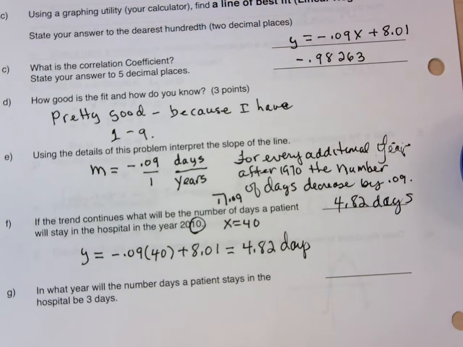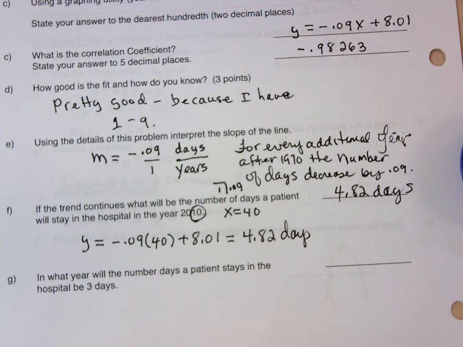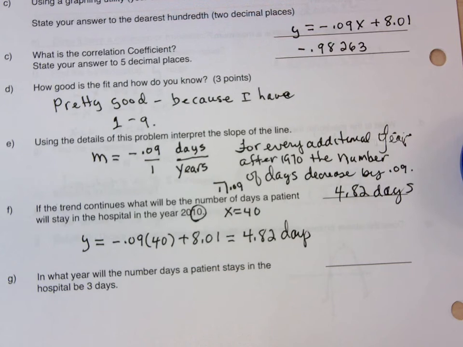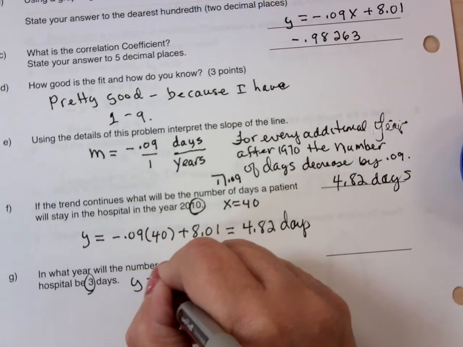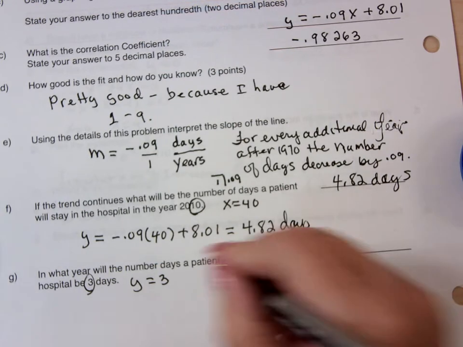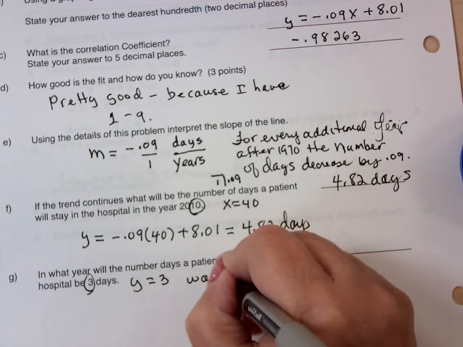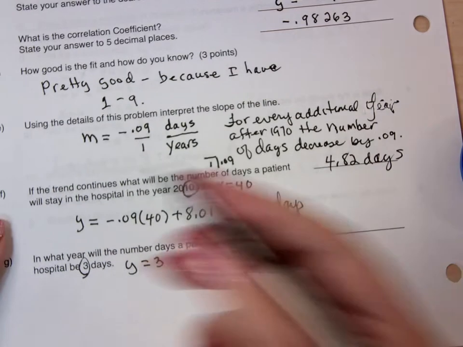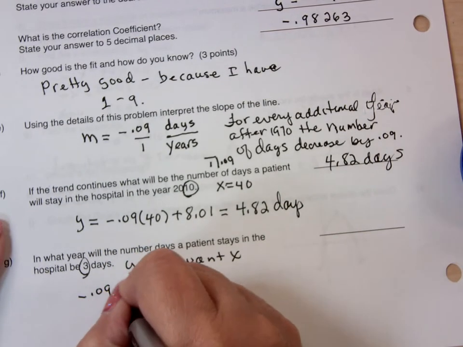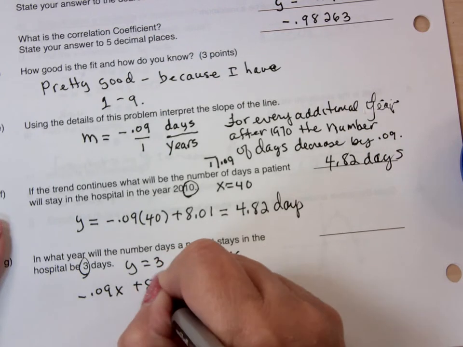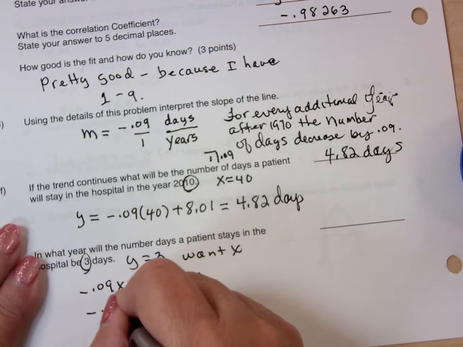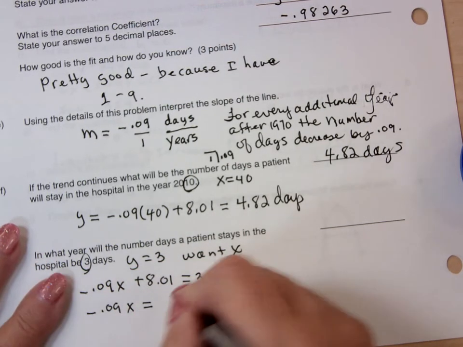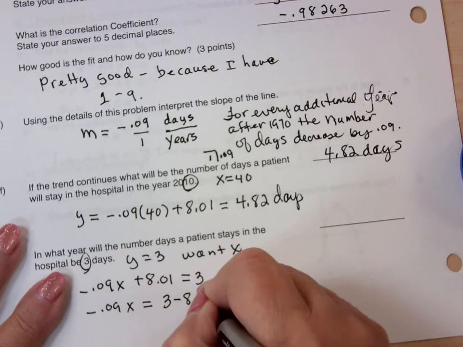Don't forget your units. In what year will the number of days a patient stays in the hospital be 3 days? 3 days, that means that y equals 3. So I'm going to look for the x value. So this would say negative 0.09x plus 8.01 equals 3. Negative 0.09x equals 3 minus 8.01.